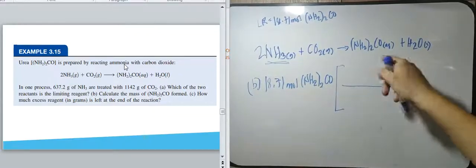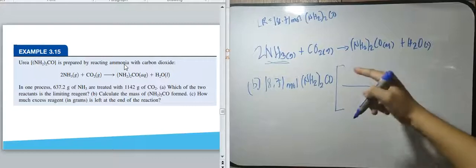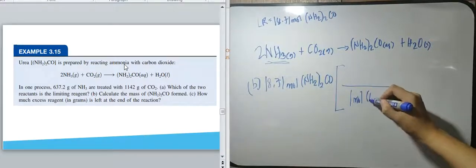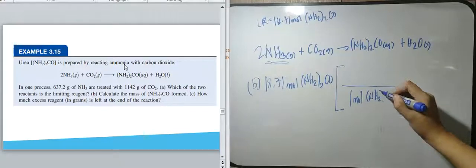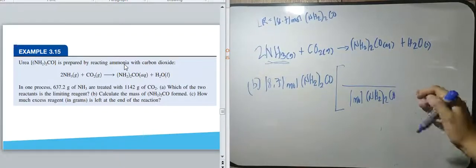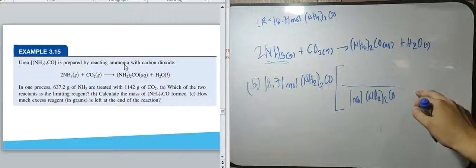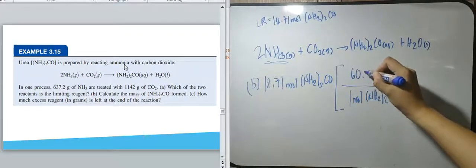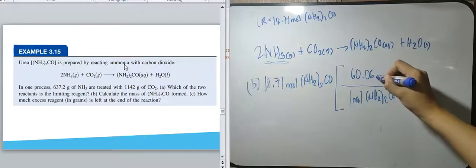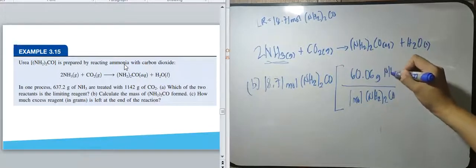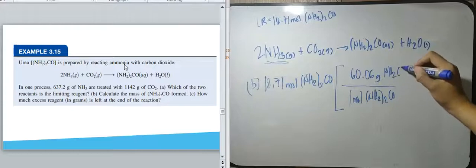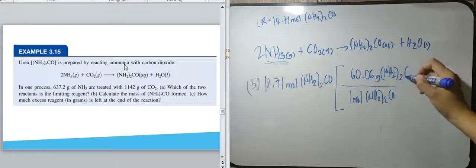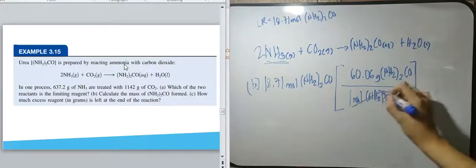Multiplied by the molecular weight: 1 mole of urea is how many grams? 60.06 grams H2NCONH2.